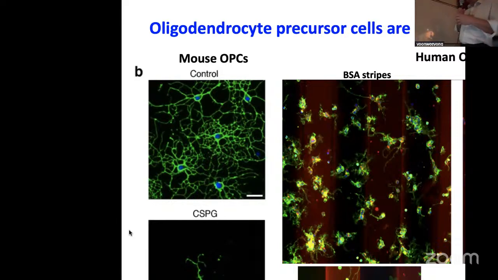Human OPCs are plated on, and you can see that on control BSA stripes, the cells do not care whether they are on non-BSA, which is poly-L-lysine, or BSA-containing areas. But on a CSPG test, you see that these OPCs avoid the CSPGs very avidly. So same number of cells in culture, same medium, but given the choice of substrate, they avoid CSPGs.